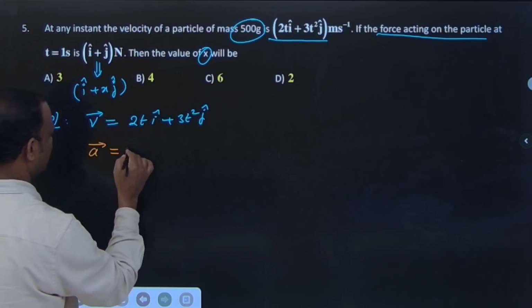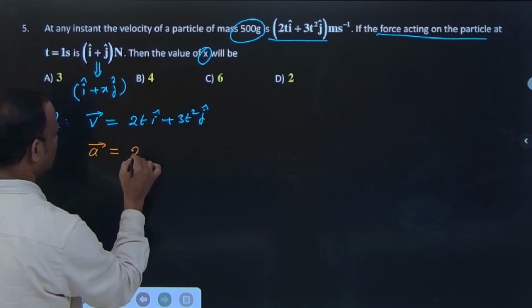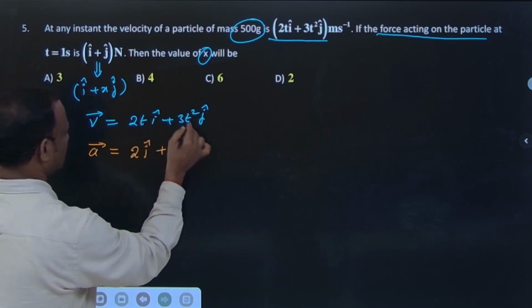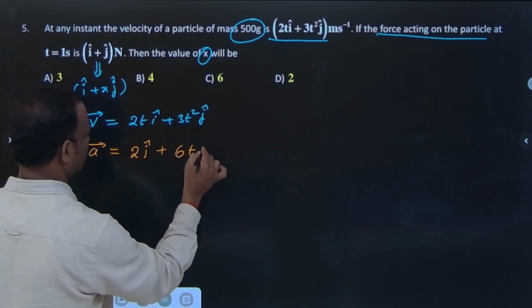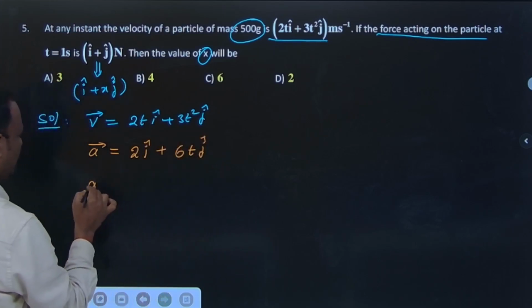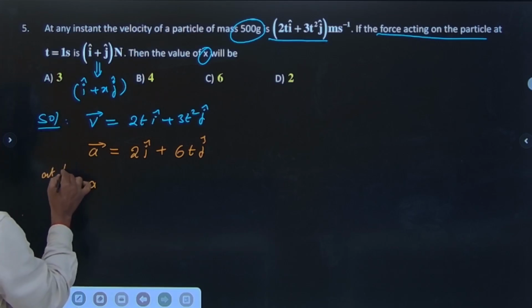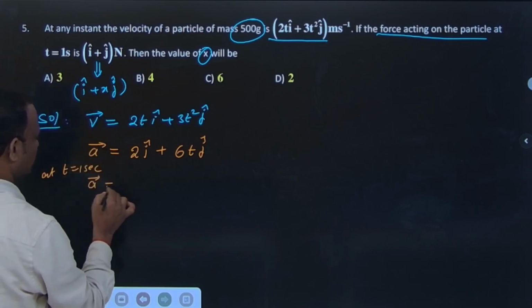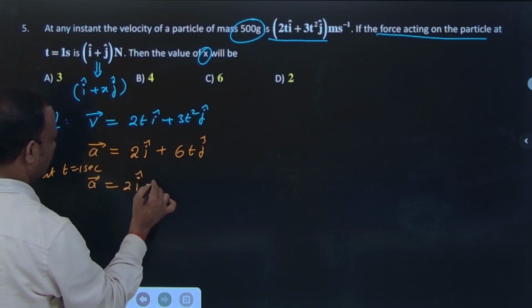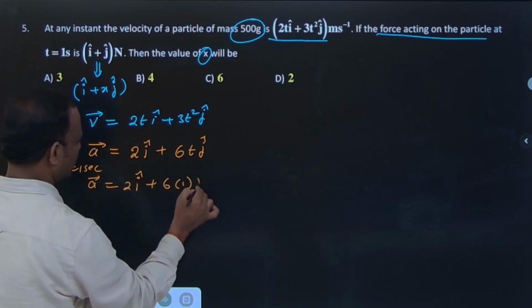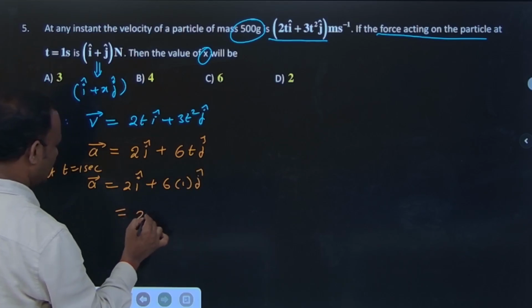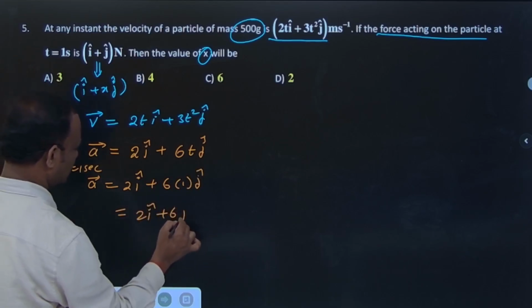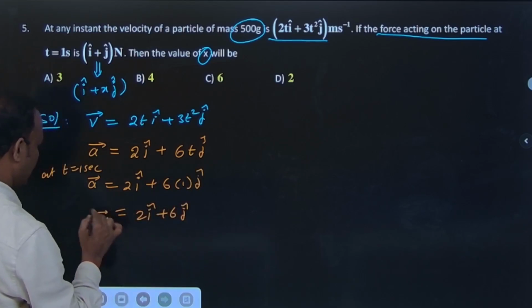A is equal to 2 I cap plus 6t j cap. At t equal to 1 second, A is equal to 2 I cap plus 6 into 1 j cap. So the acceleration is 2 I cap plus 6 j cap.